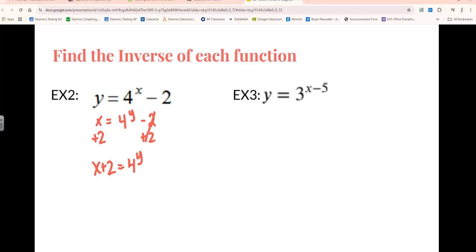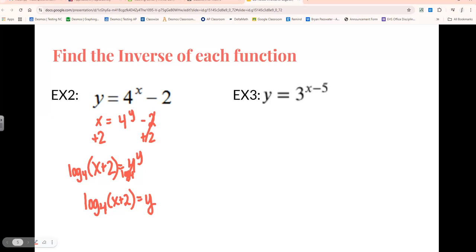How do I move it to the other side? Am I adding, subtracting, multiplying, dividing, logging, exponents? Nope. It is the base of an exponent. We got a log with the base 4, which will cancel here. We're logging base 4 of this whole side, of everything that's over here, so we want parentheses around it. So we get log base 4 of x plus 2 equals y.